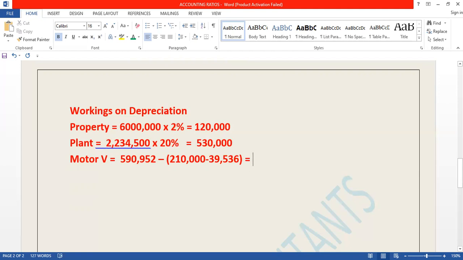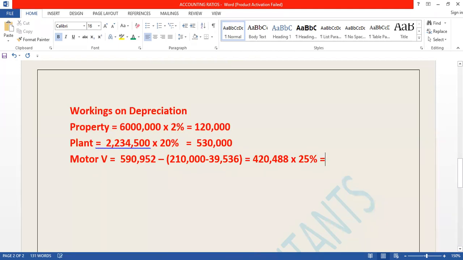210 minus 39. Then take it away from 420,488. Then you now apply your percentage. What is the percentage on that question? 25%.